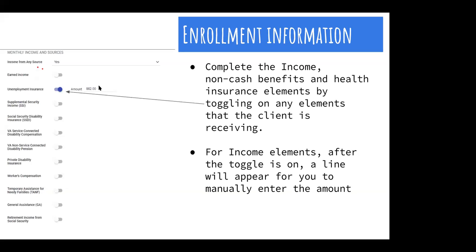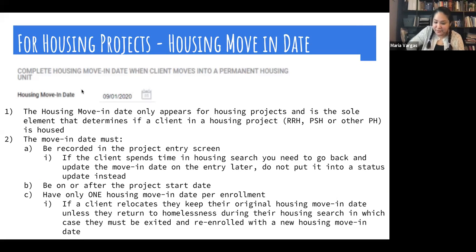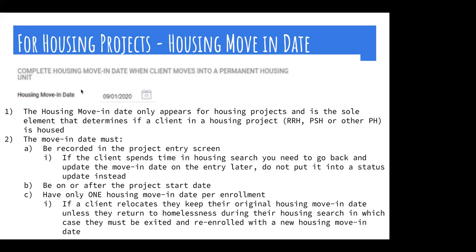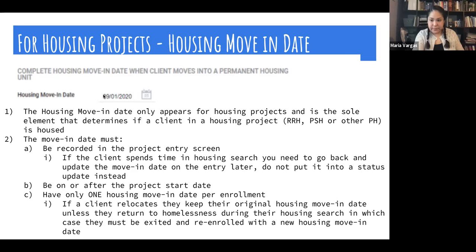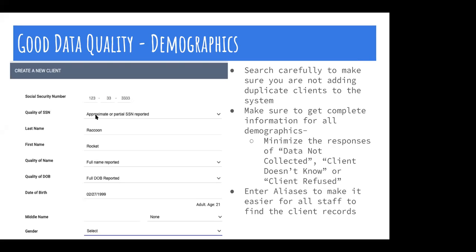I had a question on the previous slide on the aliases. Sure, go ahead. Hi, this is Catherine from Pawtucket Housing. I'm just coming across some clients that are transgender. Per HUD, we have to go by what their social security card says, but they want to go by a different name.